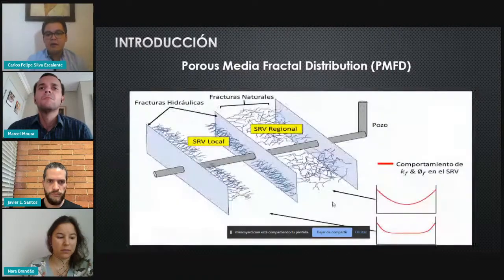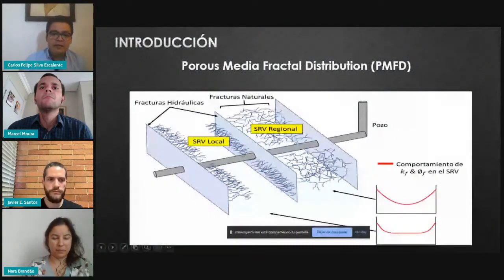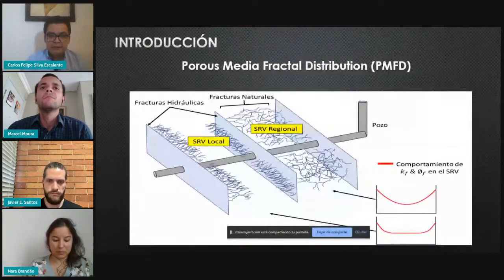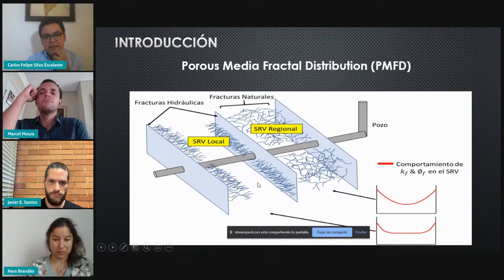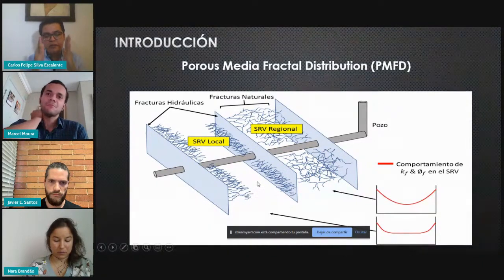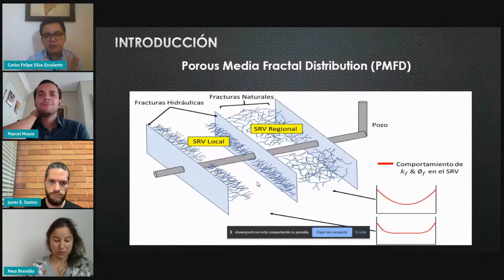In the next slide, we can see two SRV types. On the left, we have the local SRV. These blue planes are the hydraulic fractures, and these blue lines represent the natural fractures. We can attribute this behavior to the isolated zone between hydraulic fractures.